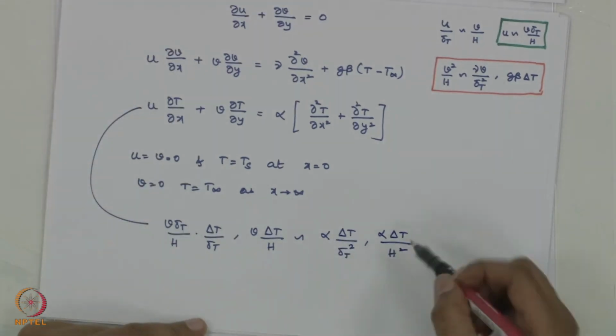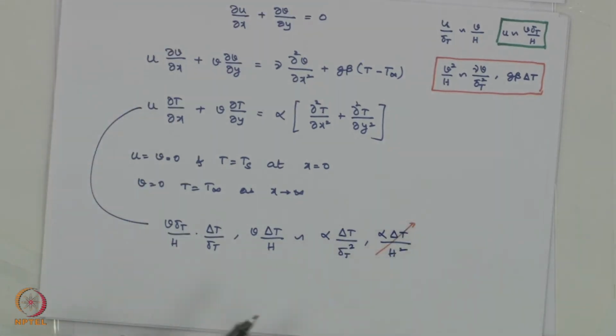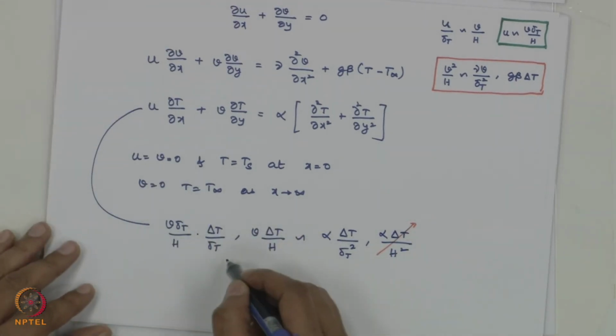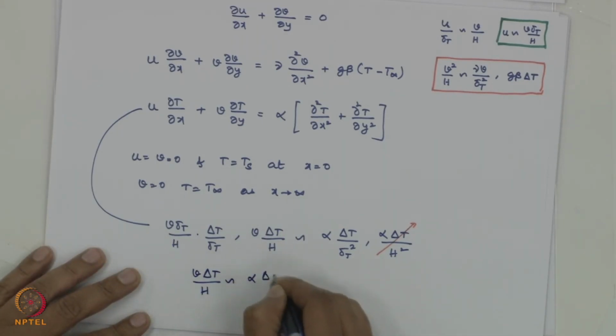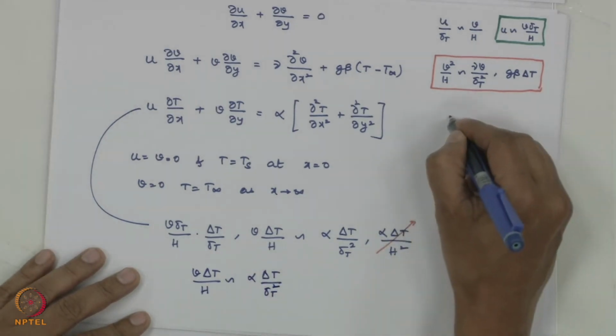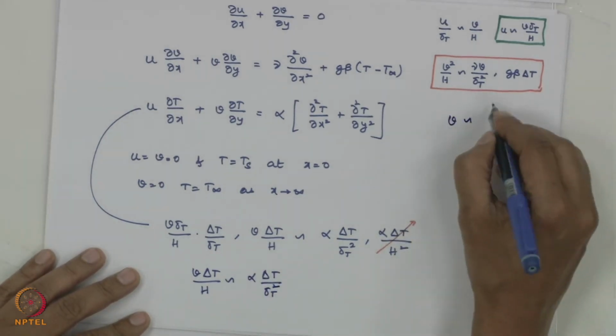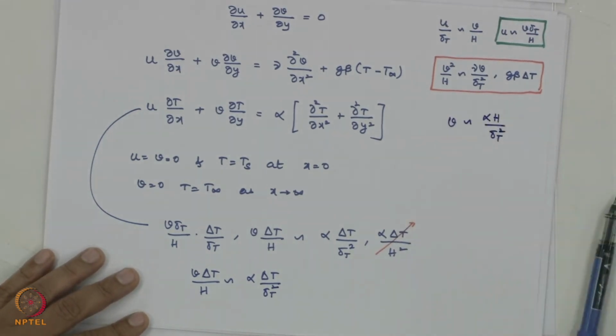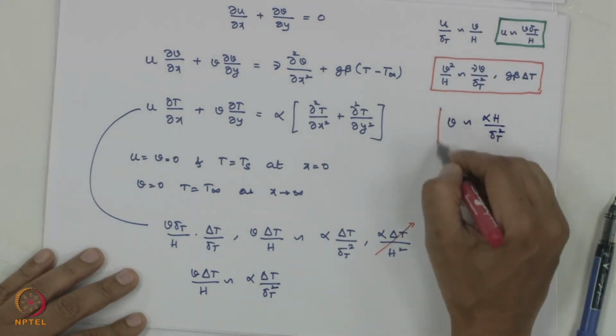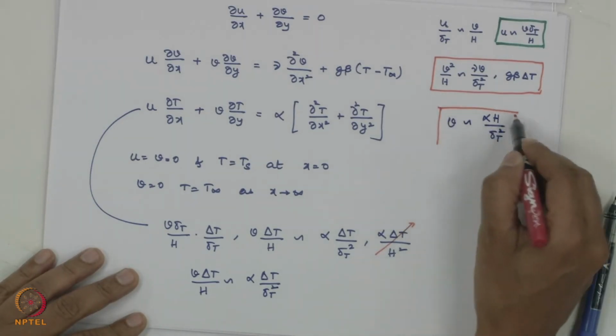This can be neglected because this is very small, and this delta t gets cancelled out. So you get v delta t by h is of the order of alpha delta t by delta t squared. So v is of the order of alpha h by delta t squared. So these are the three scales which you are going to get.